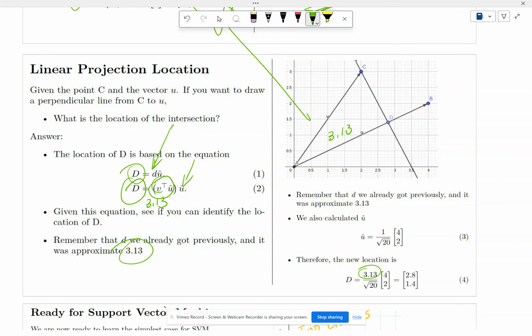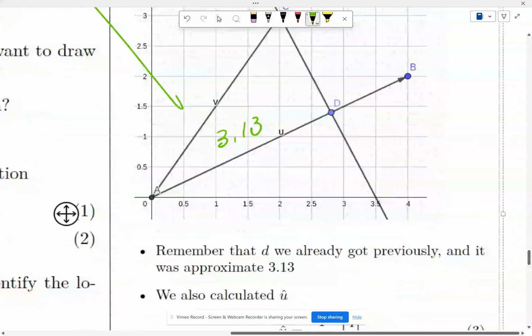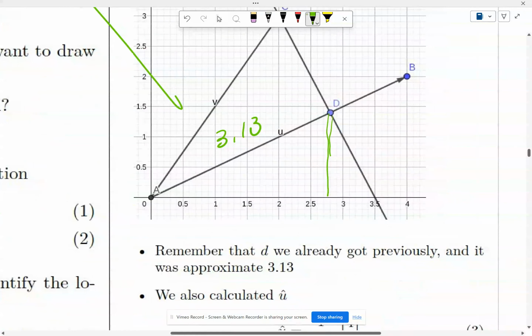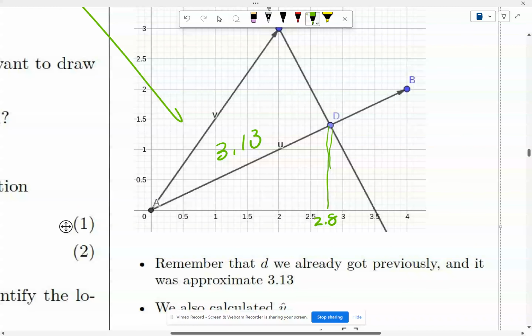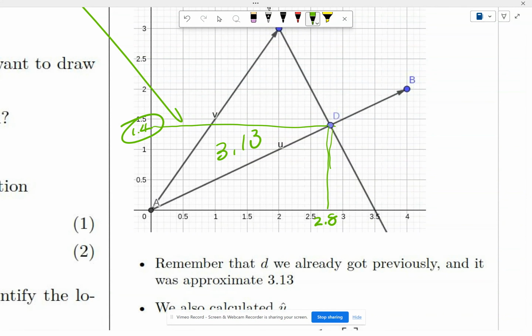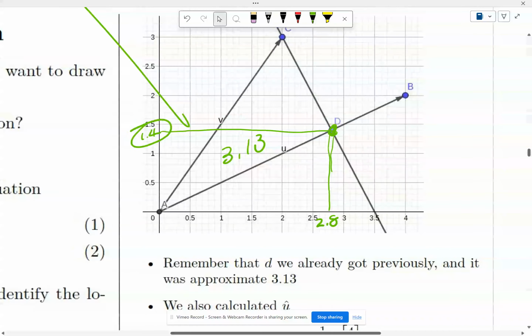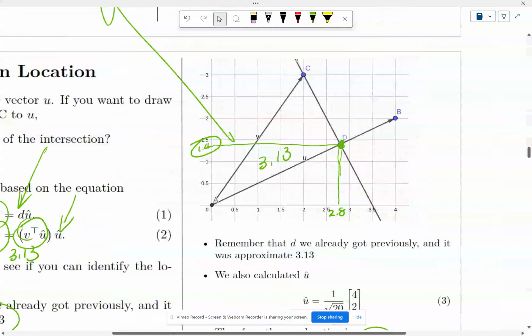We multiply 3.13 by the normalized version, and it's saying that D is at 2.8 and 1.4. Now, if we look at this carefully, this is saying this point is 2.8 and 1.4. So you can see that we just essentially identified the point D.